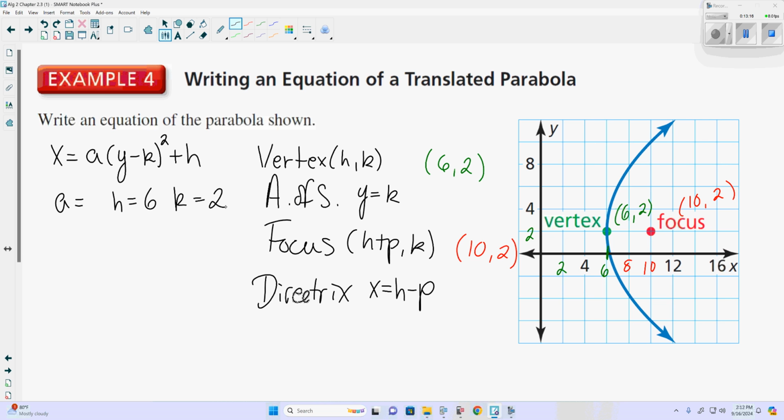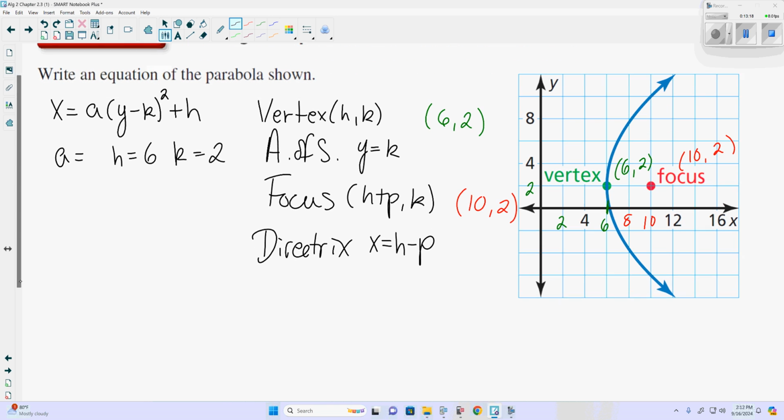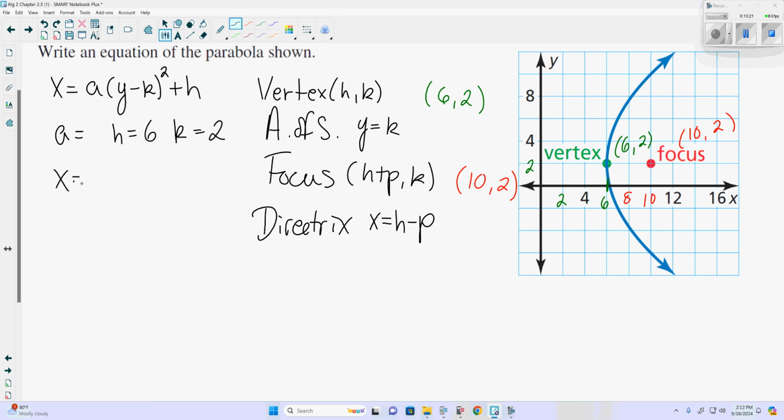Well, that's nice, isn't it? Because if we look at the equation, x equals, I don't know a yet, but I know k is 2. I know h is 6. I can plug those in. We're almost done. I get a and I have the equation. But that's the nice thing with the vertex. The vertex gives us h and k.